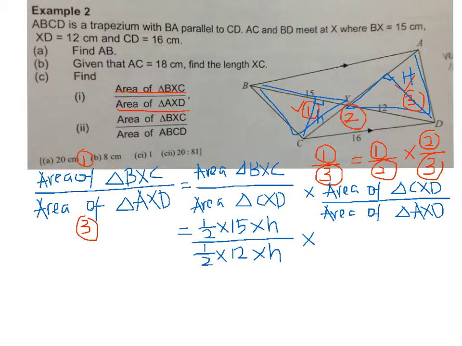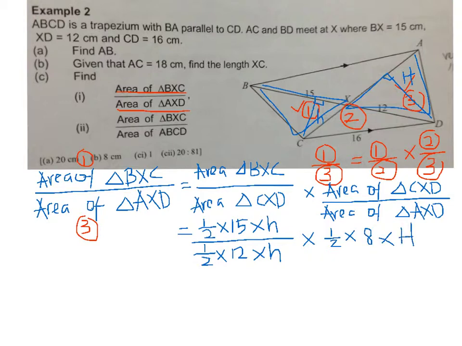You can label it as any other alphabet as well. So comparing triangle 2 and 3, we have half times base. Now my base is actually CX over here. So if my base is over here, my height must be the perpendicular height. So the value of CX, which we have found initially, is 8.